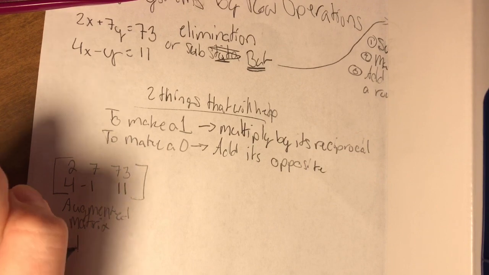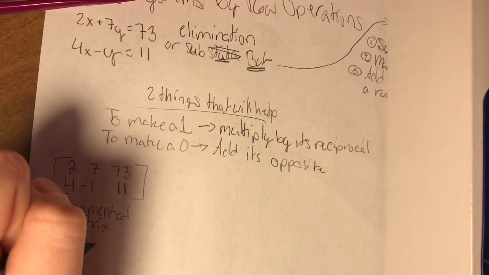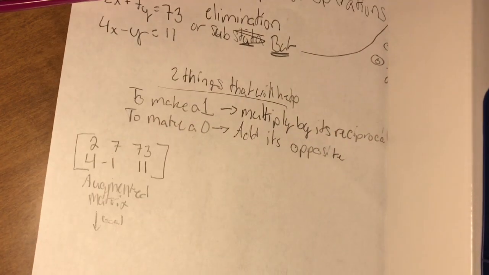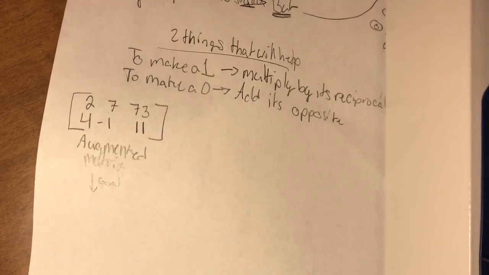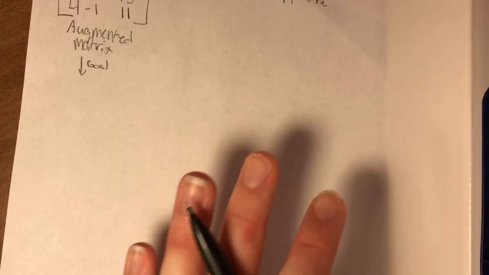And then the goal for this is to make it 1, 0, 1, 0, and then a number. And that is called a reduced.